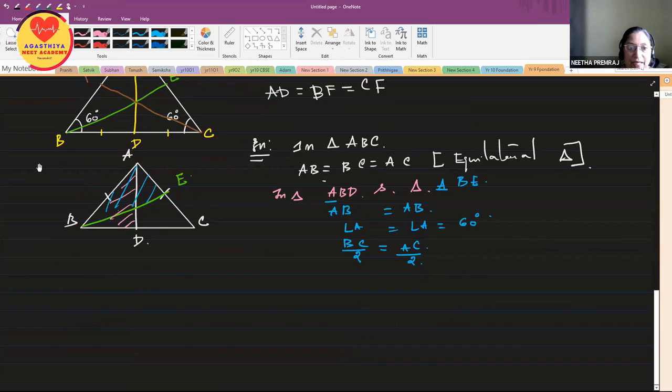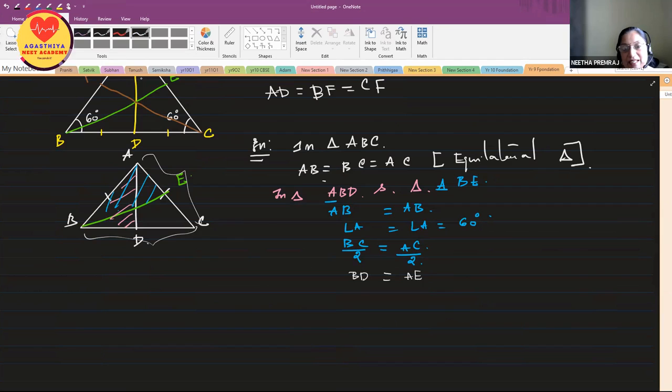Half of BC you can write as BD. Similarly, half of AC is AE. So by SAS criteria, you can say these two triangles are congruent.